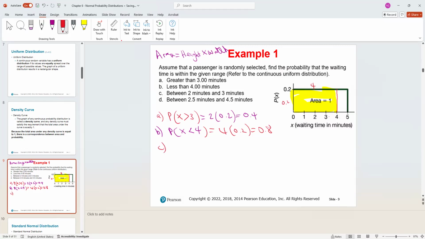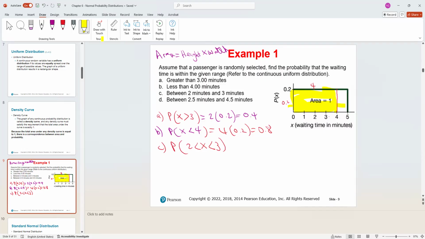Now, between 2 and 3. What you need to see here, when you say between 2 and 3, is whether it's inclusive, because they don't say inclusive.